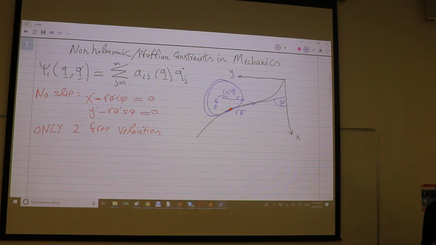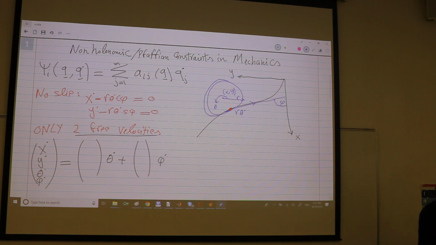I will not do the integrability again, but what I want to stress is that I can write these two non-holonomic constraints as a control system, because I have four velocities in general, x dot, y dot, theta dot, and phi dot, and I have only two free velocities, and everything is linear in velocities. So it's something times theta dot plus something times phi dot.